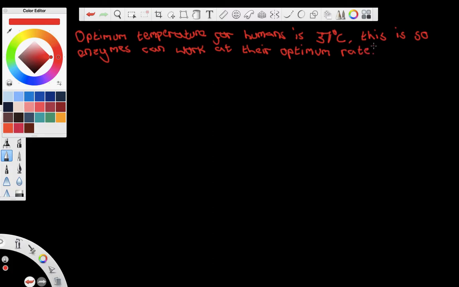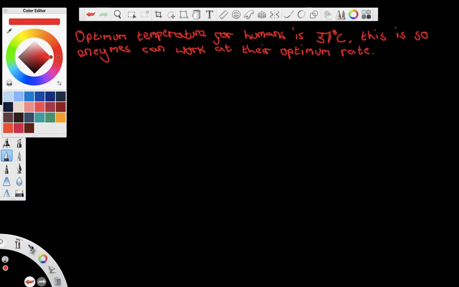Now, illness can cause your body temperature to rise to about 40 degrees Celsius. But if it rises to about 42 degrees Celsius, this can cause you to die. That's very, very serious. Okay?